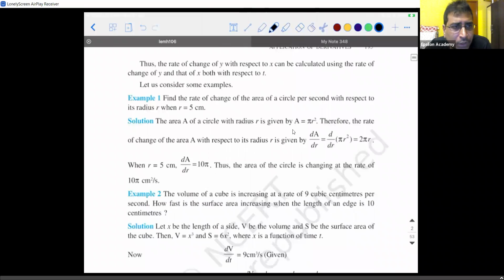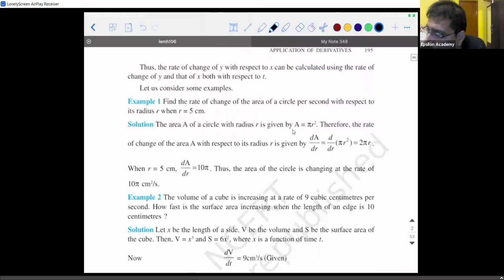That is all with respect to introduction. Now we have to solve the problems. Find the rate of change of the area of a circle per second with respect to its radius when r is equal to 5 centimeters. So it's a very simple question.